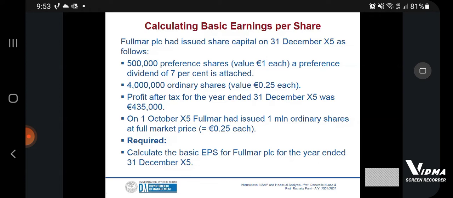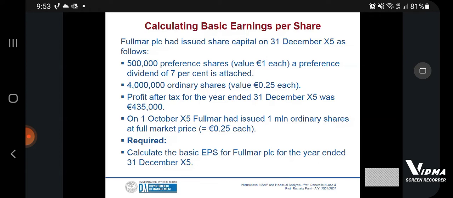Basically, it is 500,000 multiplied by 7%, it is €35,000. That means that out of this profit after taxes, if we subtract the amount of preferred dividends, €35,000, the profit attributable to common shareholders is 400,000.